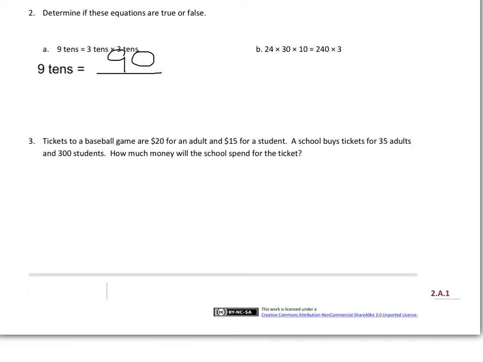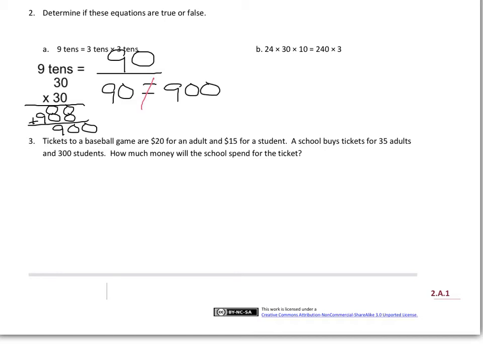So now you would have 30 times 30. 0 times 0 is 0. 0 times 3 is 0. Bring down a 0 as a placeholder. 3 times 0 is 0. 3 times 3 is 9. 900 plus nothing is 900. So if 9 tens is equivalent to 90, and 3 tens times 3 tens is equal to 900, these two equations are not equal. 90 is not equal to 900.